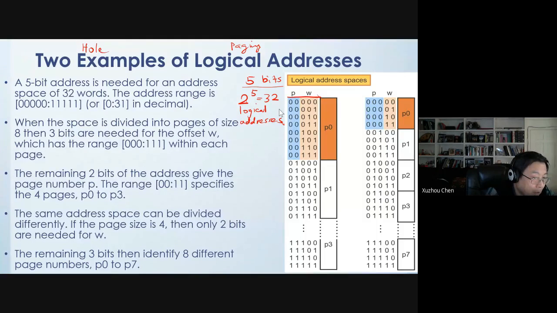The concept of paging is built into the hardware, into the physical memory. When you create a memory, you already structure the memory in terms of the page size.